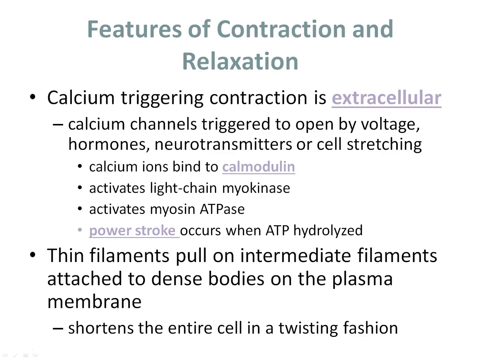These thin filaments pull on intermediate filaments attached to dense bodies. We talked about those dense bodies as just being attachment points on the plasma membrane, and this causes the entire smooth muscle cell to shorten in a twisting fashion. So it kind of squishes up, so it shortens in length and in width as it twists and squishes together.